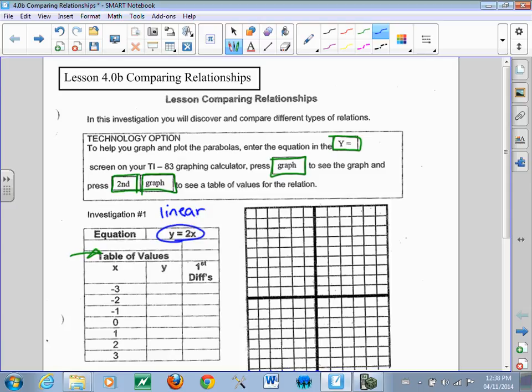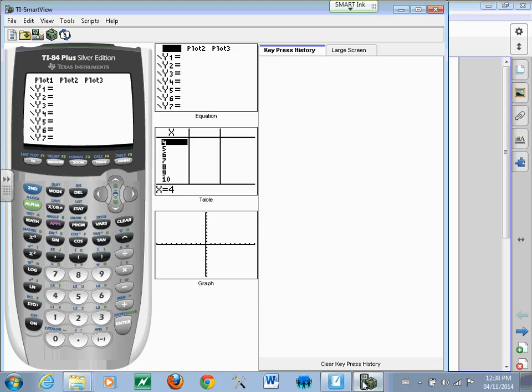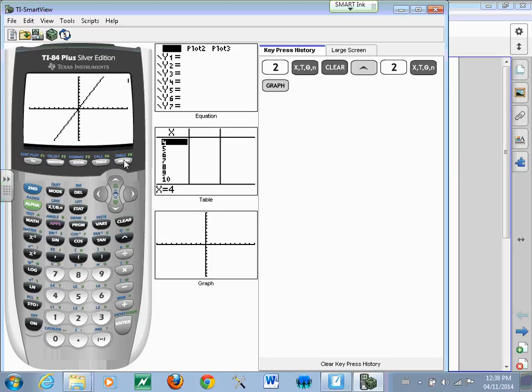All right, so what we're going to do is use our graphing calculator. I've already reset it, folks. I'm going to go to y equals, and I'm going to put in 2x. I'll go up to y1 and enter 2x, and I'm going to graph it. Okay, so it's a straight line. We were correct with our analysis, linear. Now I'm going to get the table, which is second and graph.